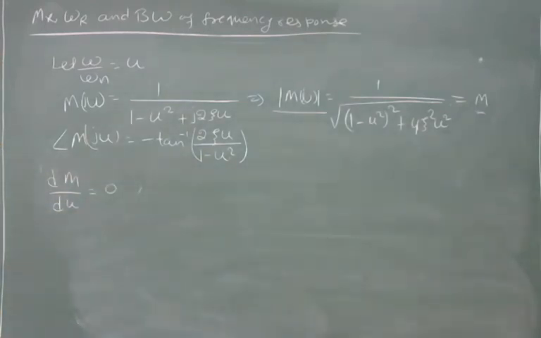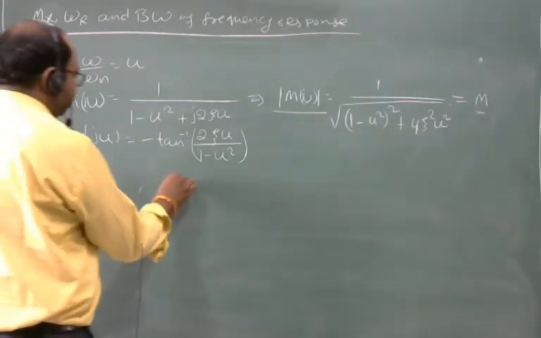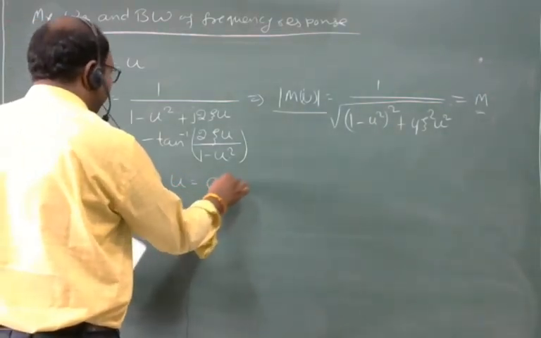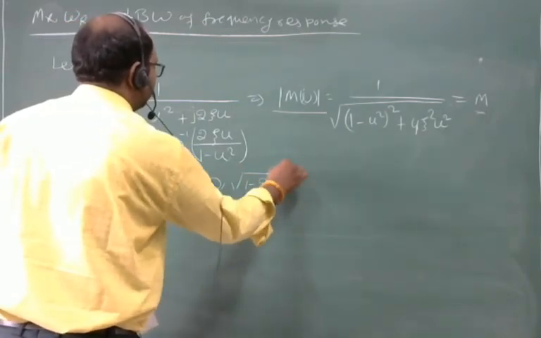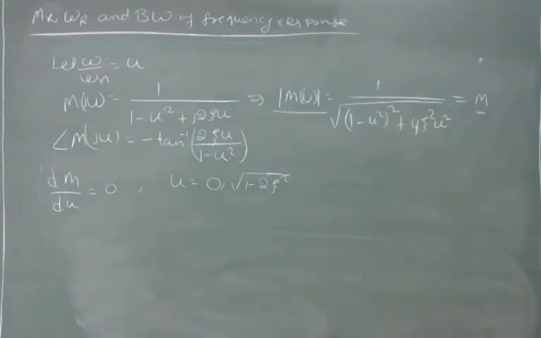And after solving, we get u is equal to 0 and under root 1 minus 2 zeta square.